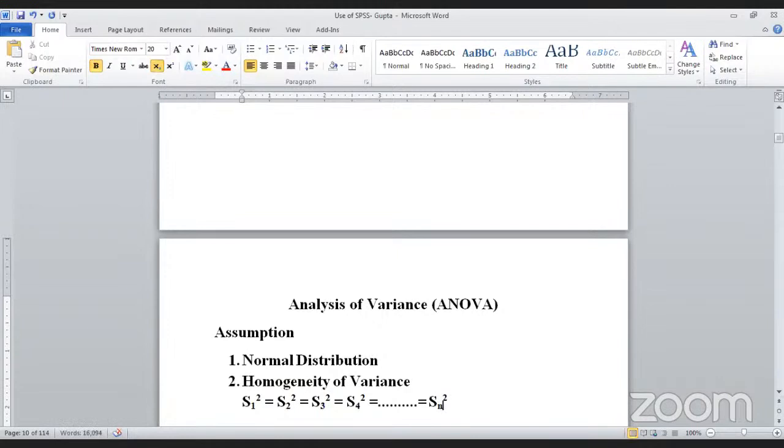So you may have more than two groups, and all the groups must be independent.